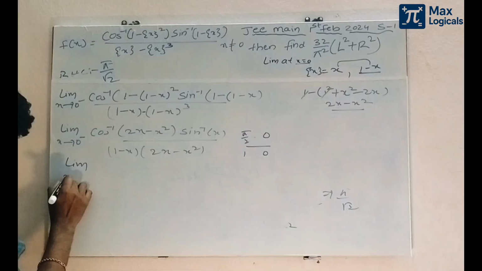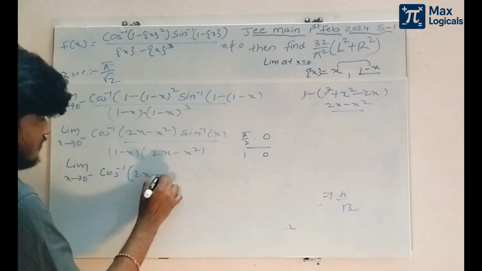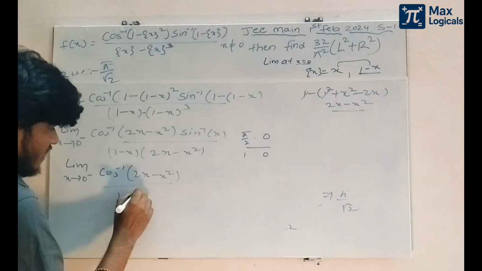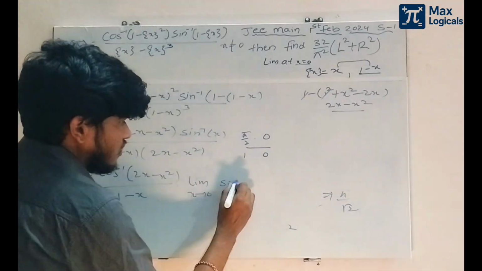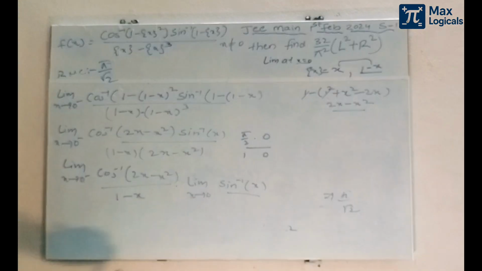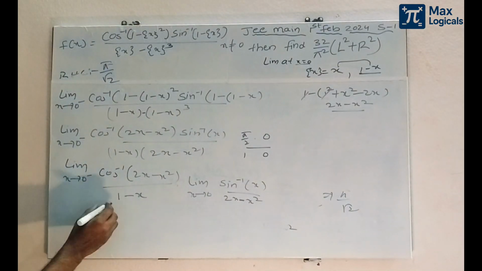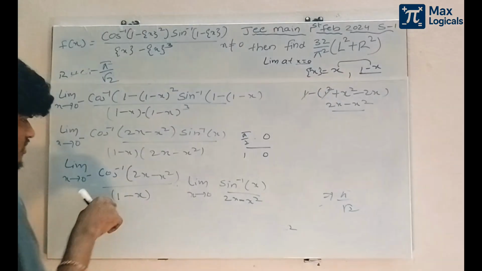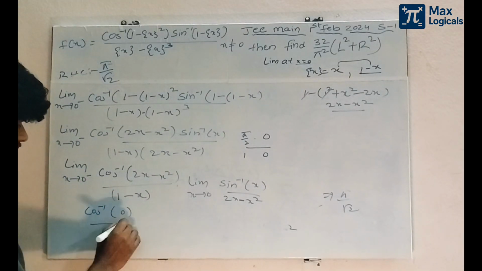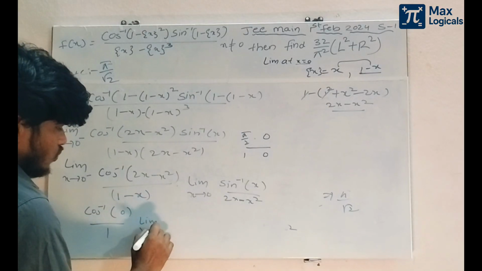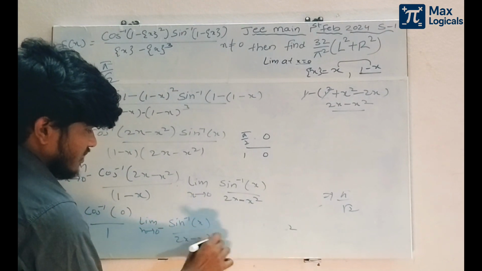Limit x tends to 0 minus of cos inverse of 2x minus x square by 1 minus x, into limit x tends to 0 of sin inverse of x by 2x minus x square.